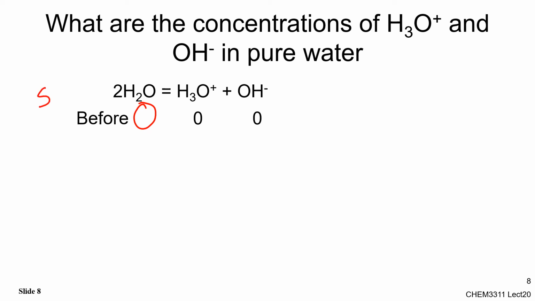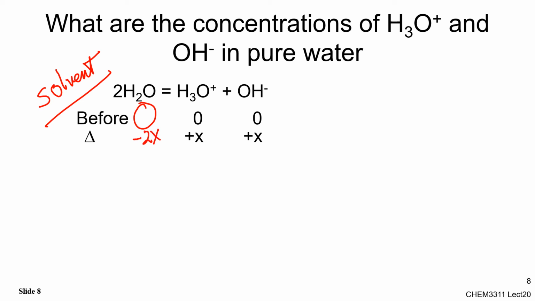And remember, in our equilibrium expression, the Kw in this case, water doesn't show up because it's the solvent, so we don't have to worry about the amount. We would if we were actually doing a more sophisticated calculation.